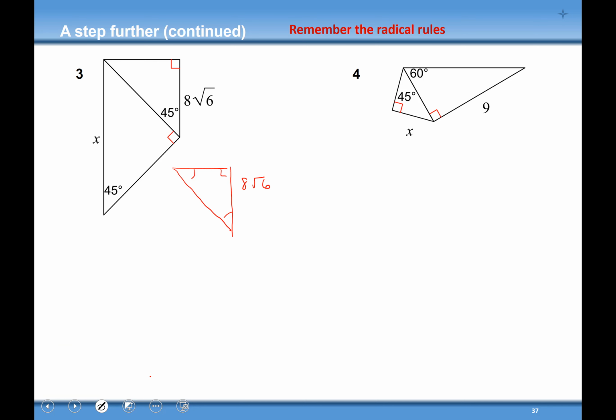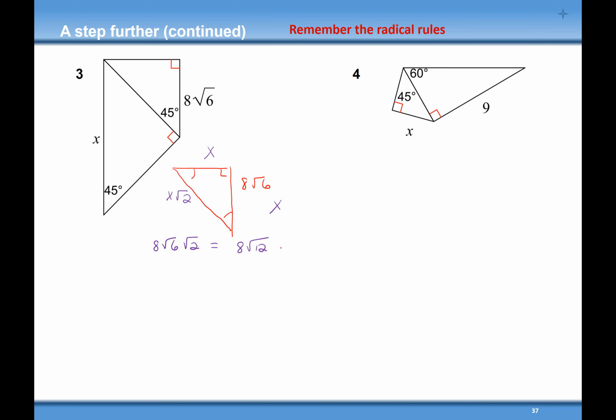We have x, x, and x root 2. That again just reminds us of how these work, which means the missing length that connects these two triangles is 8 radical 6 times root 2, which gives us 8 radical 12.